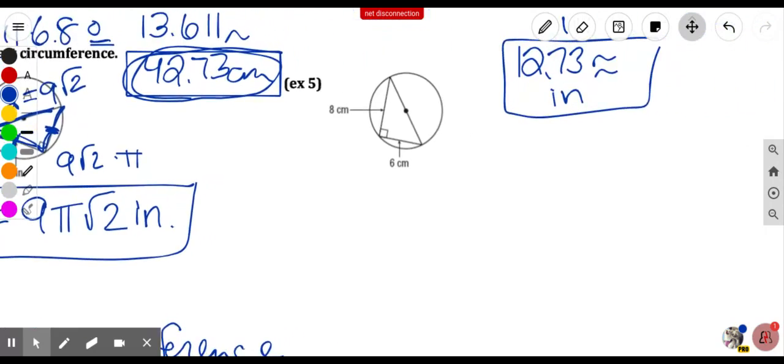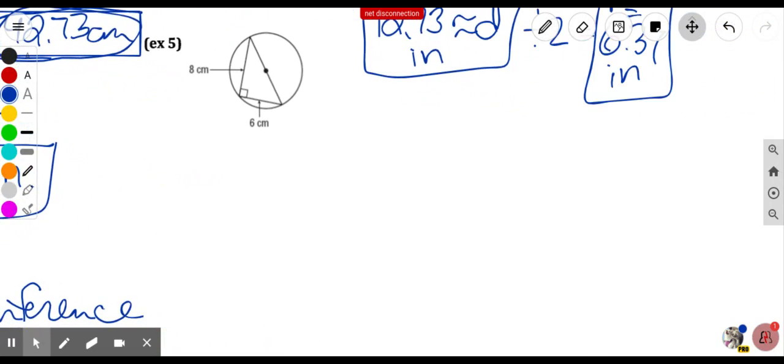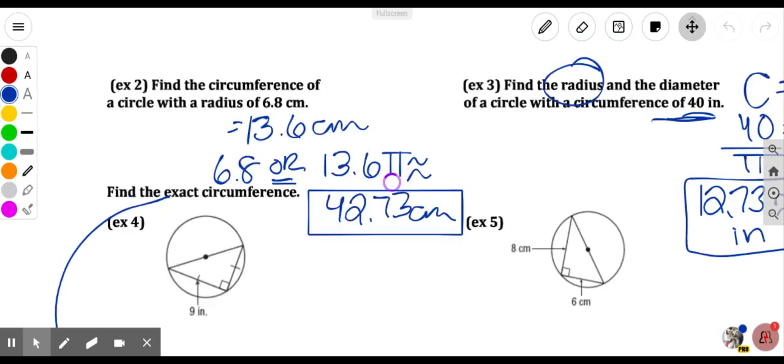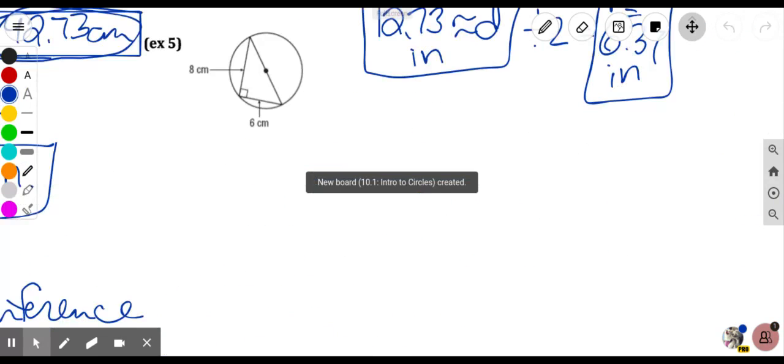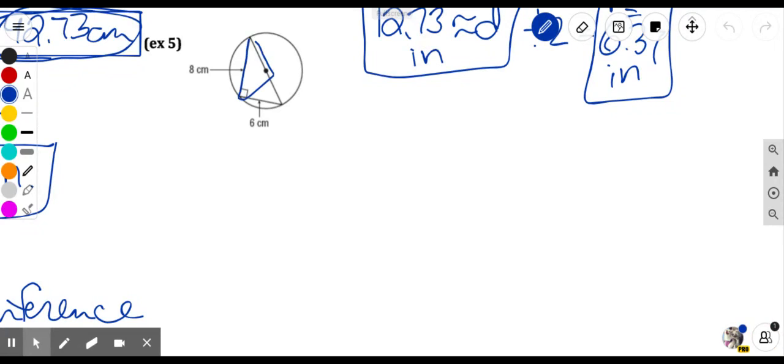Let's do another one. So as you can see, this one, they're not always going to be special right triangles. This is just like a normal right triangle. It's not special. So we can use Pythagorean theorem here.